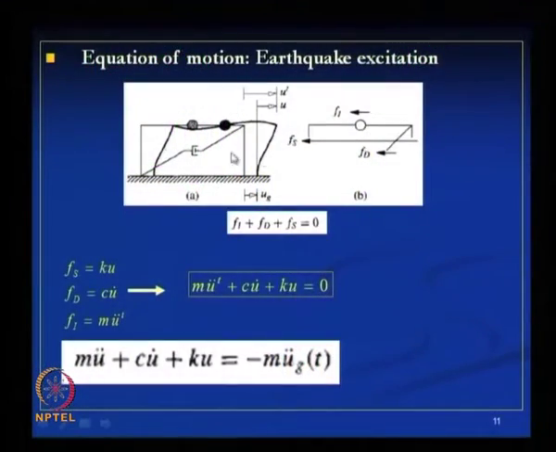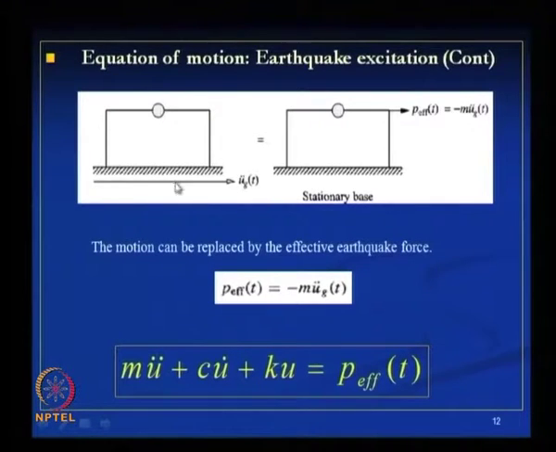So, what I expressed just now, the same thing has been mentioned here. From D'Alembert's principle, using the free body diagram, we got this equation. Now, after putting the expression for each of these forces, we get the equation of motion in this form.